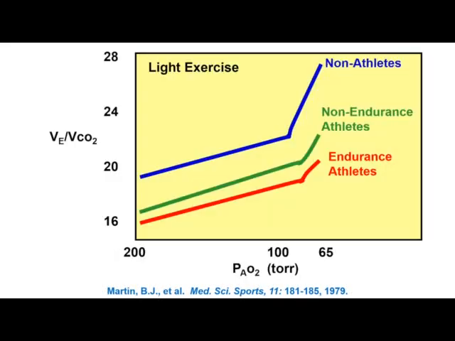And in fact, when this has been measured in non-athletes, if this is the ventilatory response or the ventilatory equivalent for CO2, which remember correlates with ventilatory responses. And now we're going to decreasing P alveolar O2, right? So not much happens till you get to about 100, and then it increases. But note, non-endurance athletes, and especially endurance athletes, actually have a lower ventilatory response than non-athletes, right?